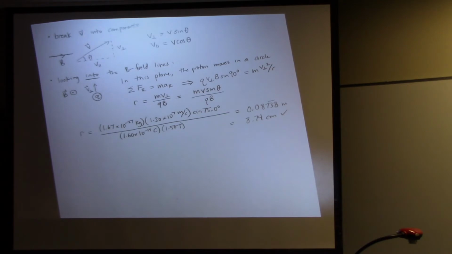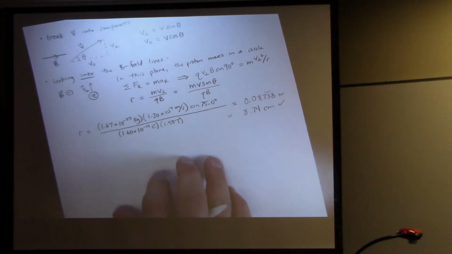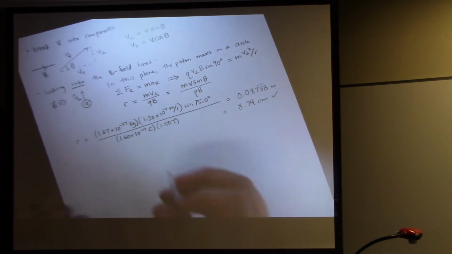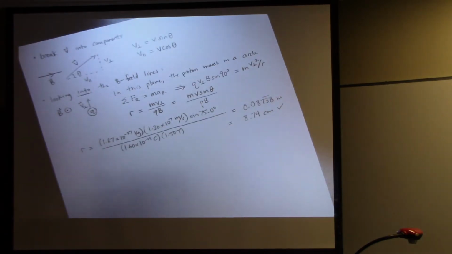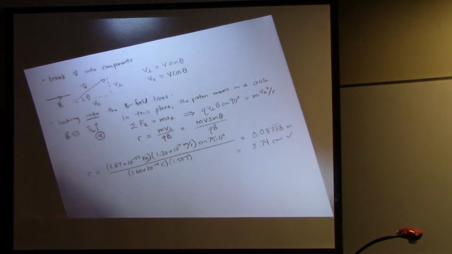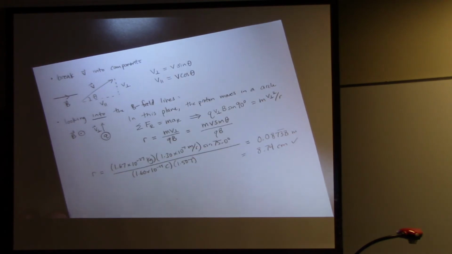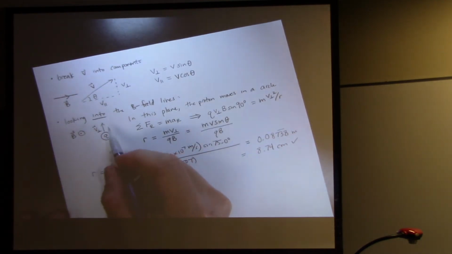8.74 centimeters. All right, let's do a little bit more with what we have here. Let's think about the fact that I haven't even shown you guys the circular path that our charge moves in. So I'll do that right over here.